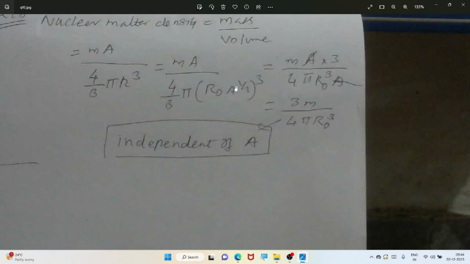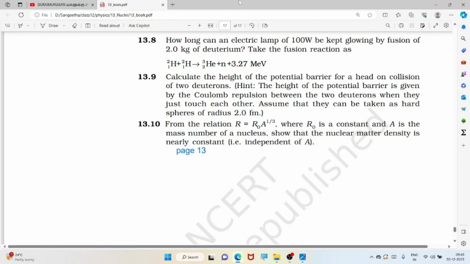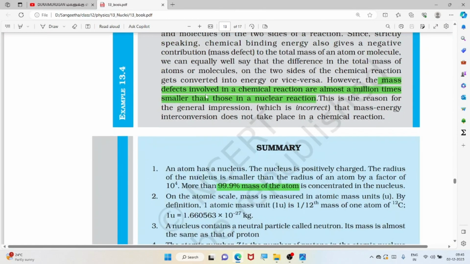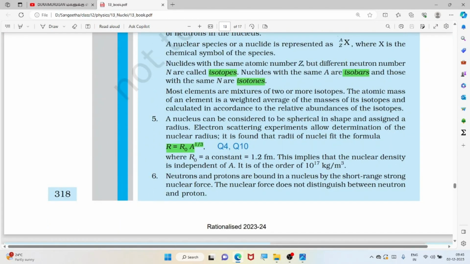So this will be cubed, and then it will become A. This A will cancel out. The R0 is a constant. So this is independent of the atomic mass. Okay, this relation.